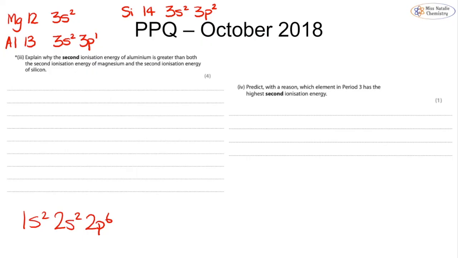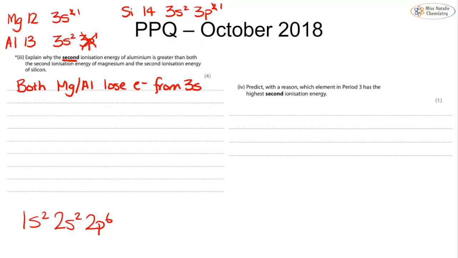Now that's if they were all atoms. Because we're looking at the second ionization energy, we've already removed one electron from silicon. We've removed this electron here, and we've removed one electron from the magnesium. So if we're looking at magnesium and aluminium, both lose an electron from the 3s orbital.